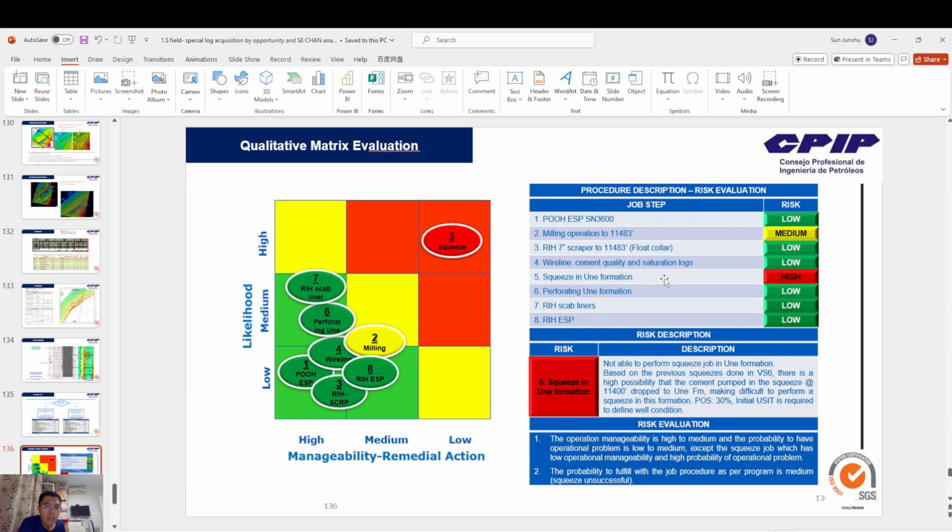Based on the previous squeeze done in S6, there is a high possibility that the cement pumped in the squeeze at 11,400 dropped to Wuni formation, making it difficult to perform a squeeze in the formation. Possibility for success 30%. Initial USIT is required to identify the well condition.